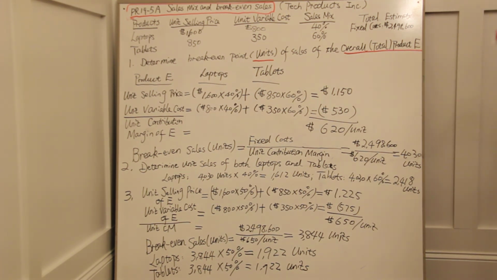So here, this problem shows how to do the break-even point analysis for sales mix for the situation when the company manufactures or sells more than one product.